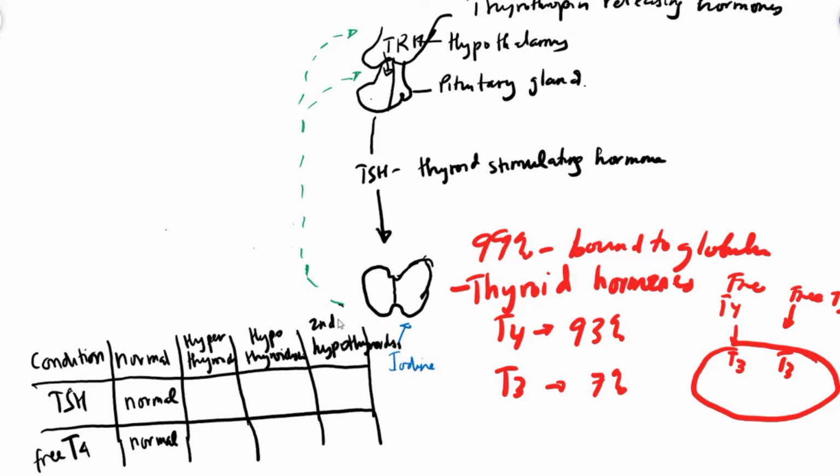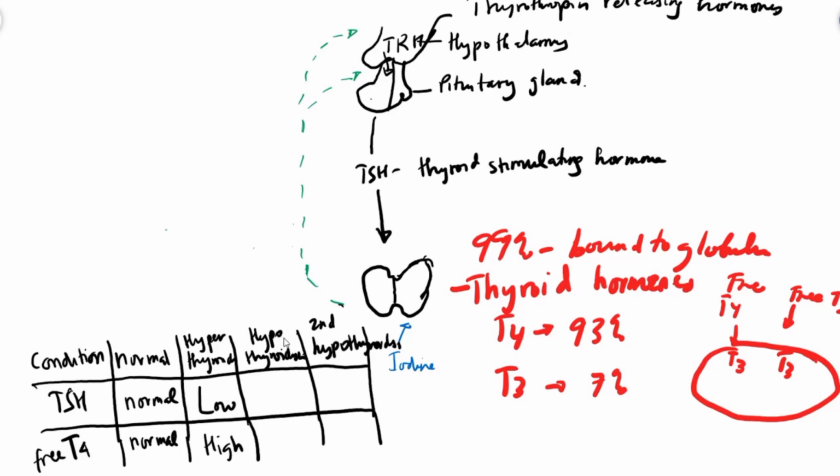In hyperthyroidism, this is for patients who have a high thyroid hormone level, the TSH will be low and the free T4 will be high. If they have high thyroid hormones, the body will make less TSH, that's why it's low.